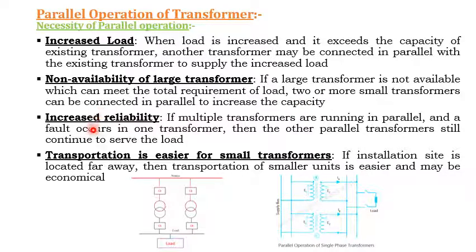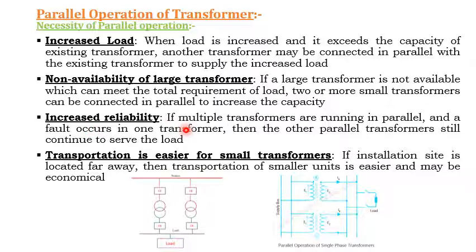The next point is increased reliability. If multiple transformers are running in parallel and a fault occurs in one transformer, the other parallel transformers still continue to serve the load.